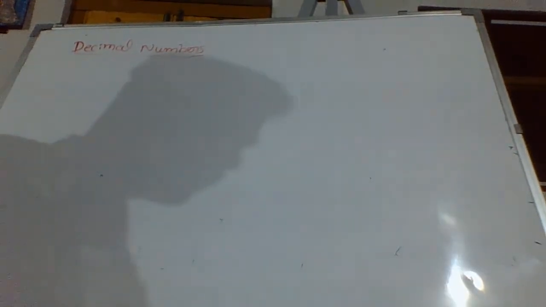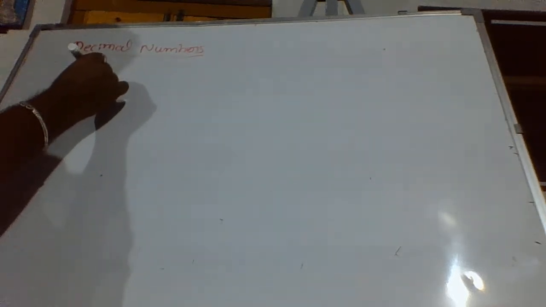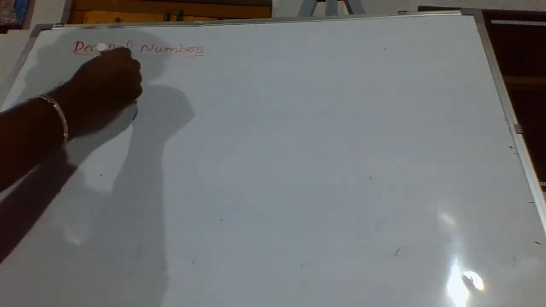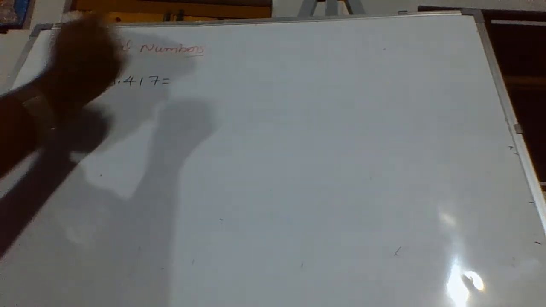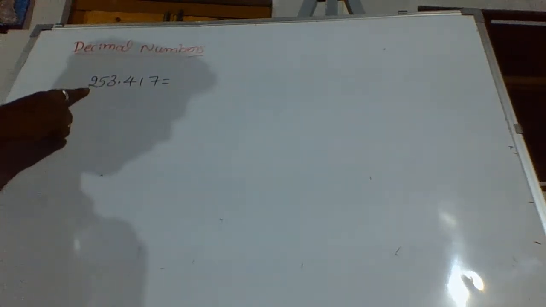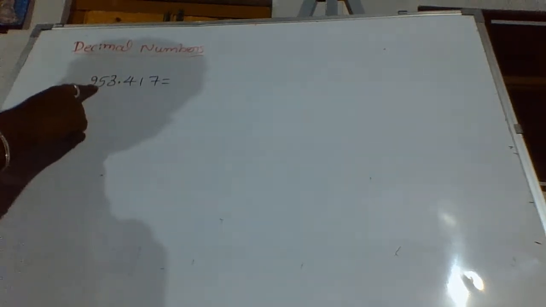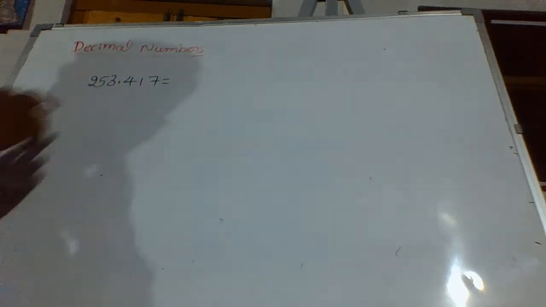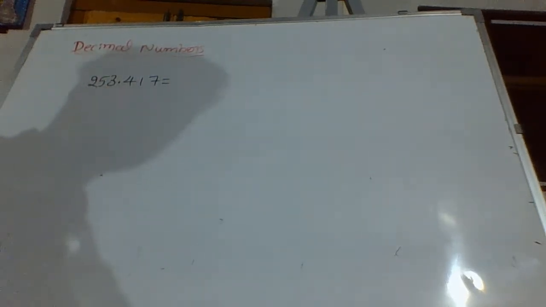So now we will see how to expand a decimal number. For example, consider 253.417. By observing this, you can tell that 2 is at the hundreds position, 5 is at the tens position, and 3 is at the ones position.